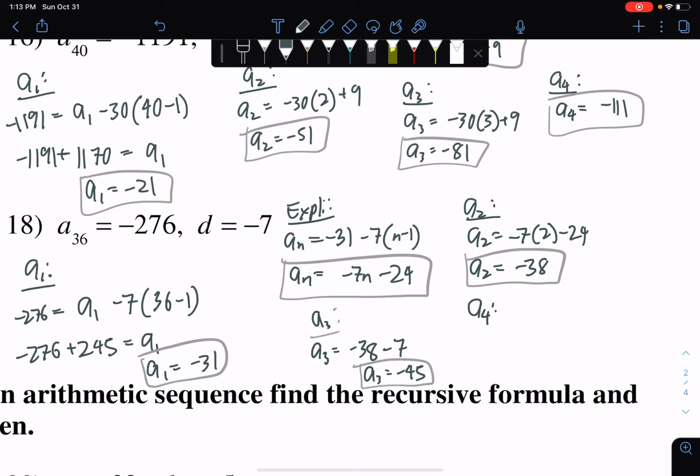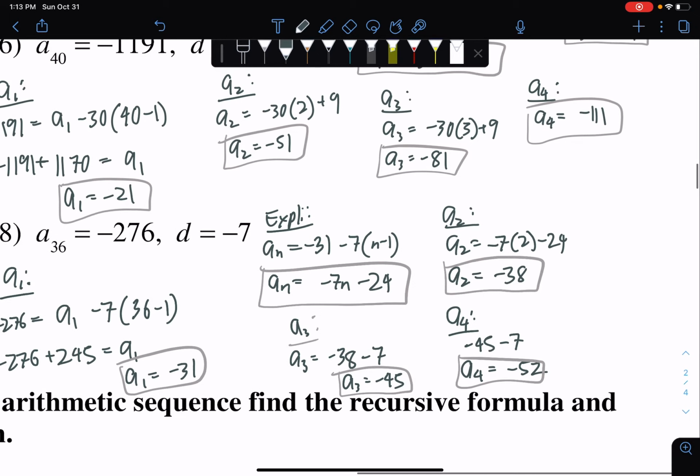A sub 4 is negative 45, which is a sub 3, plus negative 7. A sub 4 is negative 52. Alright, for a sub 5, negative 52 minus 7, our answer is negative 59.